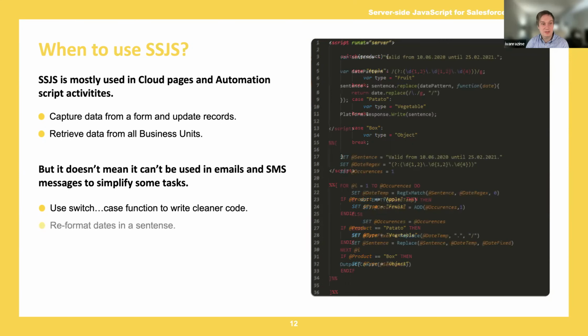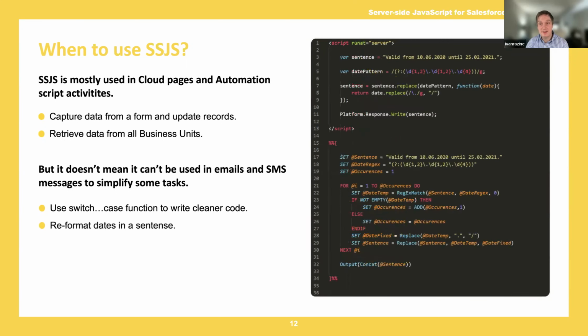Next, you can reformat dates in the sentence. In this example, this is a pretty complicated example. It shows the comparison between the two languages, how you would reformat a date. Above, you have a date that has a period as separator. So it would go day, month, then year.